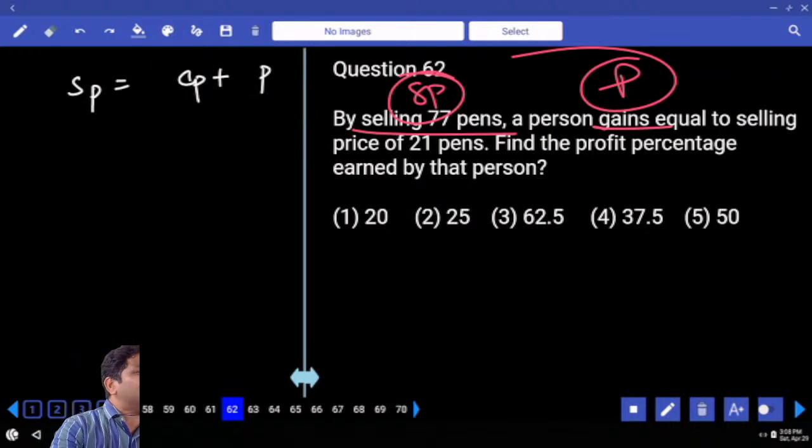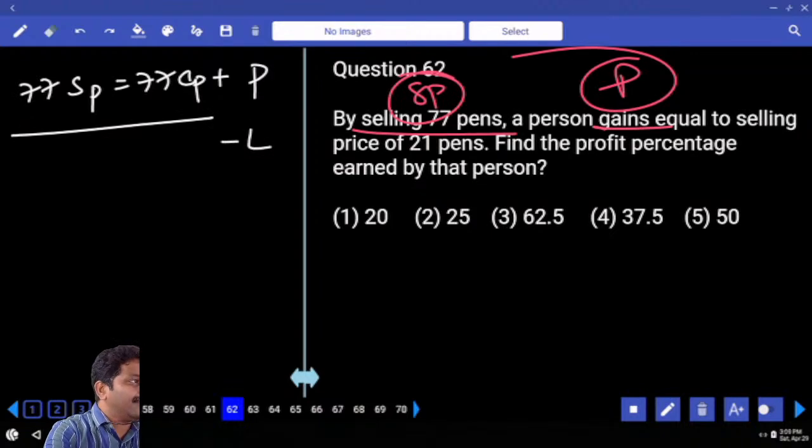How many pens are you selling now? If you want to sell 77 pens, first you have to buy 77 pens. Agreed or not? So 77 pens selling price must be equal to 77 pens cost price plus profit, or sometimes minus loss.